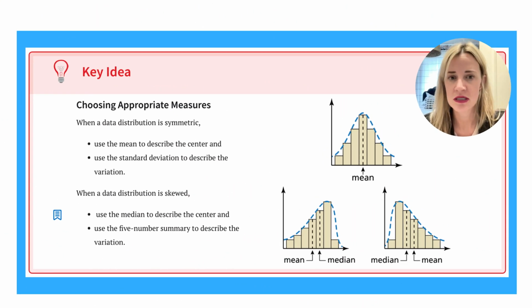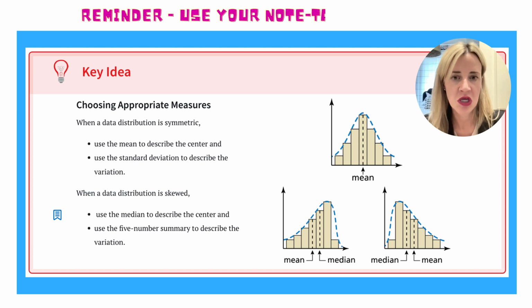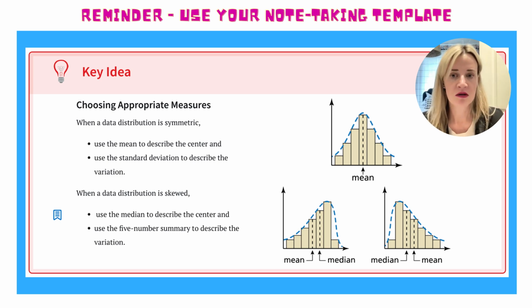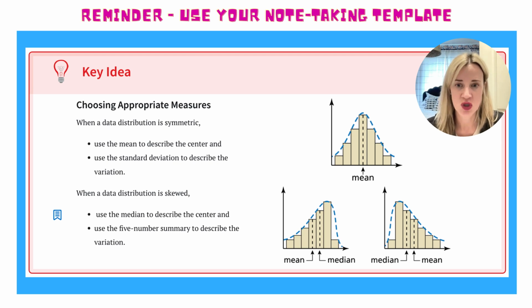The reason we decide if your data is symmetric or skewed is for a number of reasons. It tells you a lot about the data. It also tells you which appropriate measure you should use to find a true middle of the data. When the data distribution is symmetric, you would use the mean to describe the center.